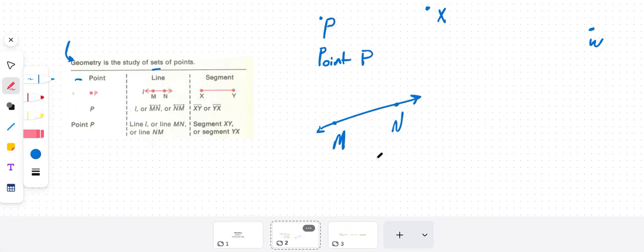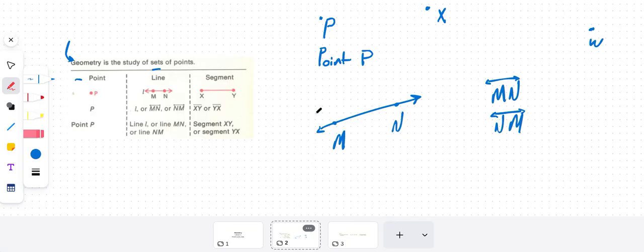Now, when you see this, if you wanted to refer to this line right here and not to a different line somewhere else, you could call it line MN, and you put a little line over the top of it. That's how you'd write it. Since it doesn't matter which direction it goes, you just need 2 points on that line, so you could also call it NM.